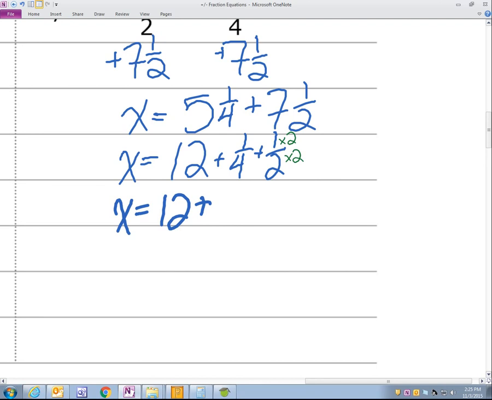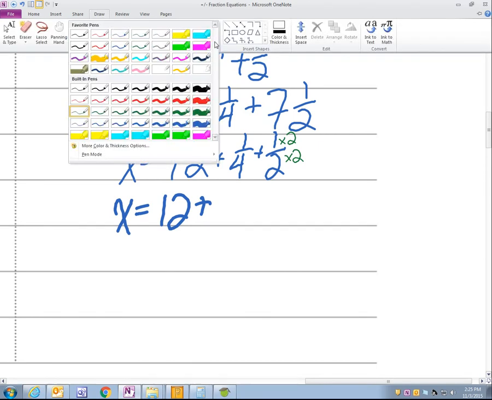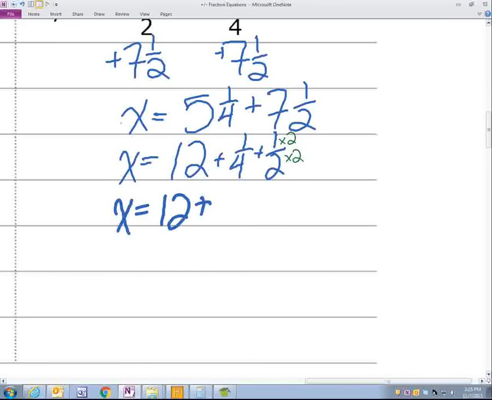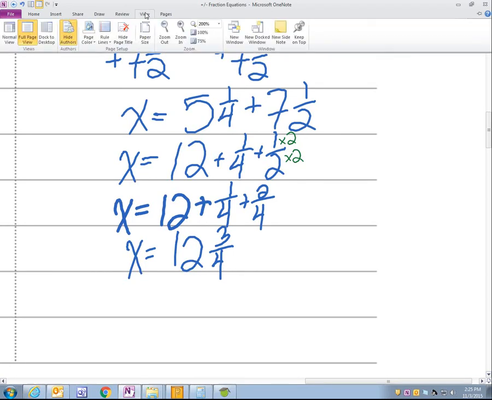I have to do it times 2 because that's how I get the denominator to be 4. 12 3/4. Good. 12 3/4.